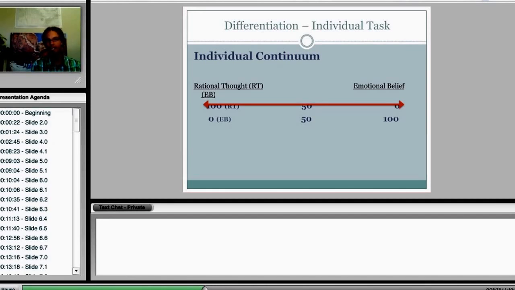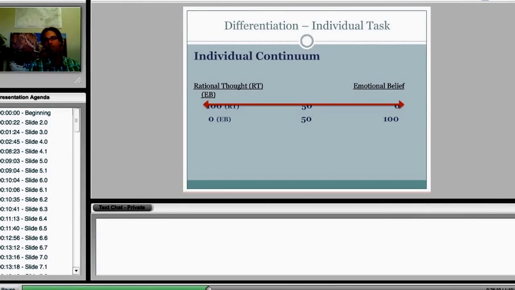Again, like any ideal, very few are right there at the middle. But we're getting close. And the goal is to get as close to that 50-50 mark as we can. You'll notice that there's a 100 RT and a 0 EB, and that part of the slide represents the far left of the continuum, 100% rational and zero emotionality.